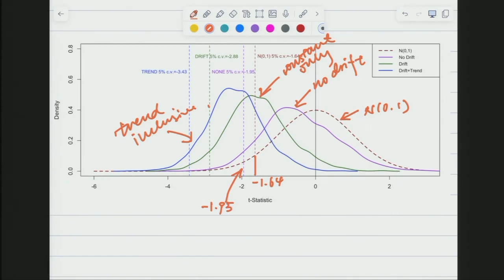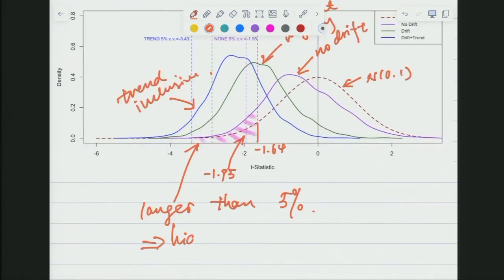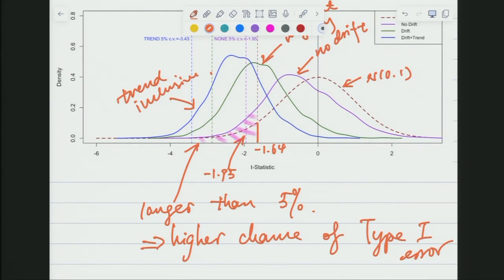If we have mistakenly used minus 1.64, essentially our rejection region is larger than our intended 5%, which means we will have a higher chance of committing a type 1 error. Remember, the 5% significance level is essentially the probability of committing a type 1 error. So if we have mistakenly used the standard normal, we risk a type 1 error.